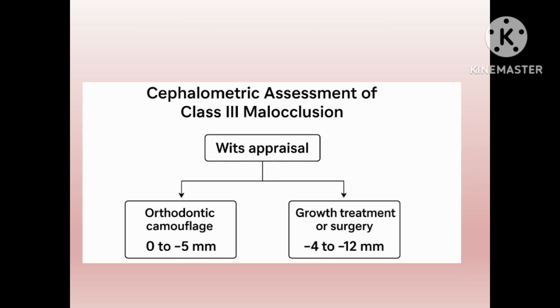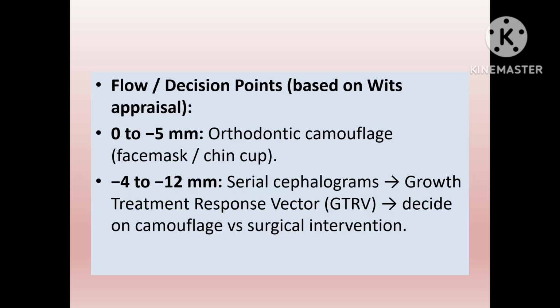Wits values from 0 to -5 mm usually allow orthodontic camouflage using face mask or chin cup. Values from -4 to -12 mm require serial cephalograms and growth treatment response vector. We'll be discussing this in coming slides to decide whether the camouflage is sufficient or surgical correction is needed.